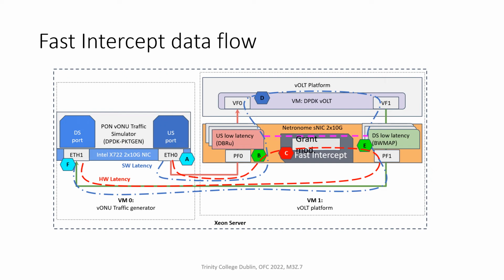Eventually, at F, XGEM frames return to the DPDK virtual ONU traffic generator, which will collect the timestamps and all data collected from the packet. This shows the statistics on the screen and exports the latency data to be plotted using a graphical interface.